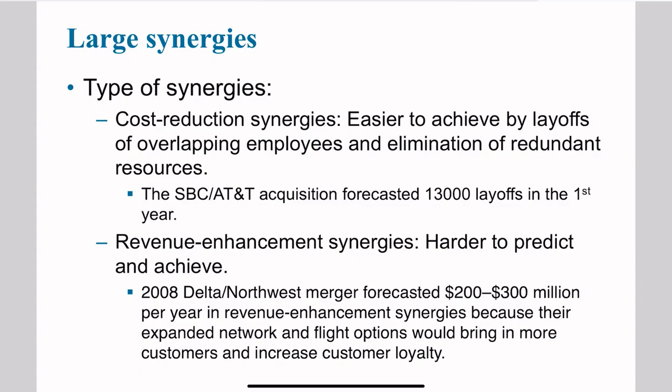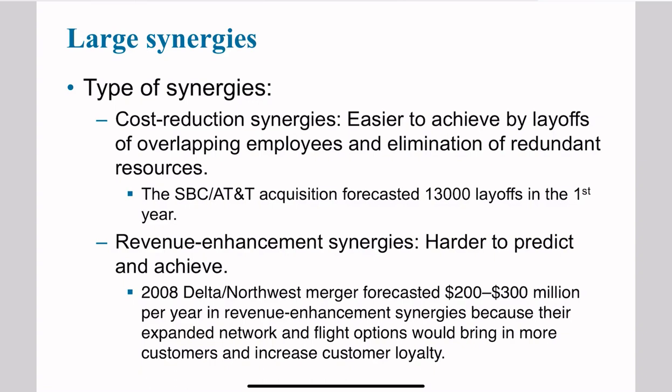This is easy to achieve because what you need to do is after the merger has finished, you just lay off overlapping employees and you will remove redundant resources. For example, the SBC and AT&T acquisition forecasted 13,000 layoffs in the first year after the merger finished.